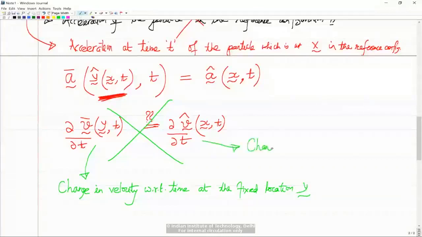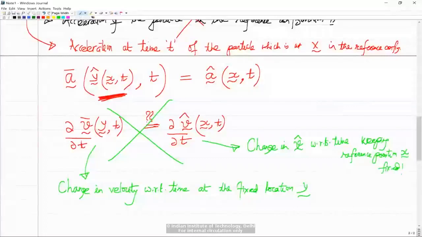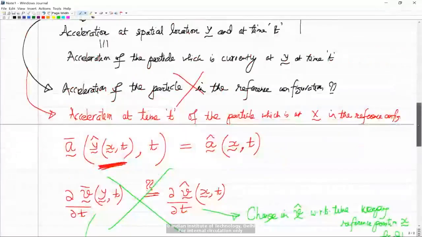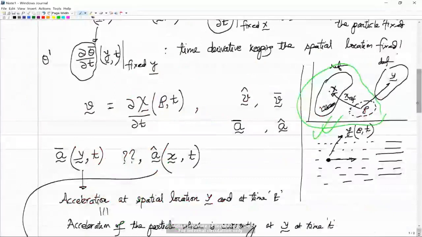This is change in velocity with respect to time, keeping reference position x fixed. When it says keeping reference position x fixed, you can always invoke this map and relate x to the particle.